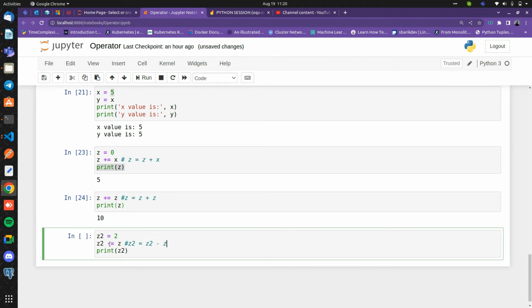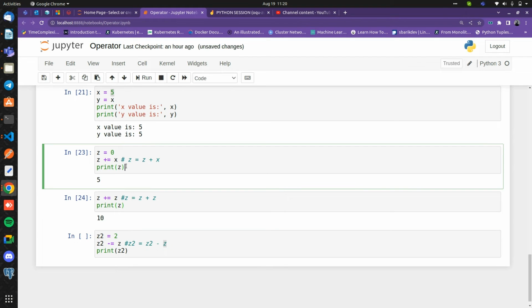So z2 minus equal to z means z2 equal to z2 minus z. Here the z2 value is 2 and the z value is 10. As we know, Python is a dynamic programming language, so our variable can change the value.